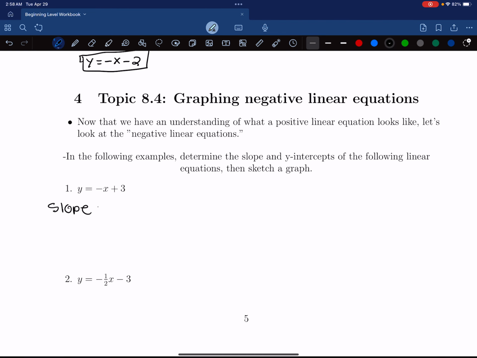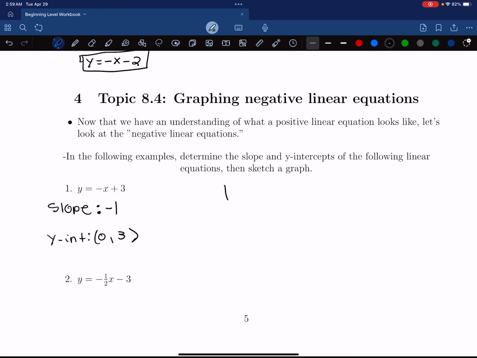Anyways, so our slope in this case, because x is being multiplied by a negative, there's not a coefficient or a number in front of it, our slope is going to be -1. And then 3 is going to be our y-intercept. Well, 3 isn't our y-intercept, but we're going to have the point (0, 3) as our y-intercept.